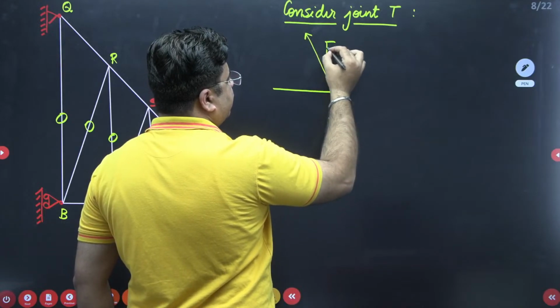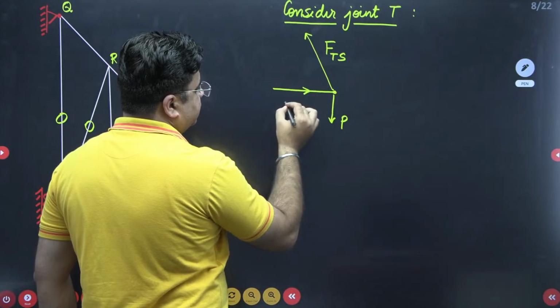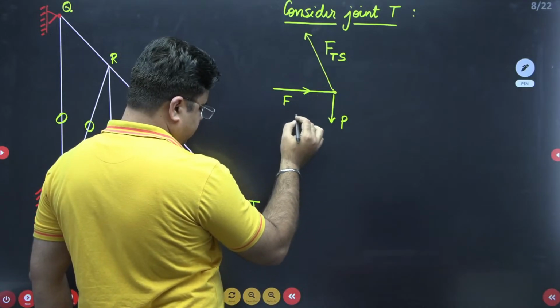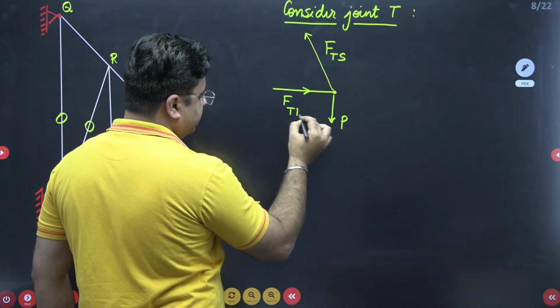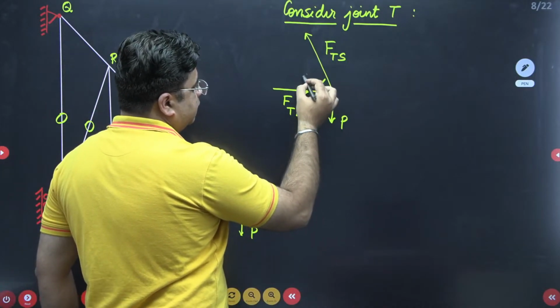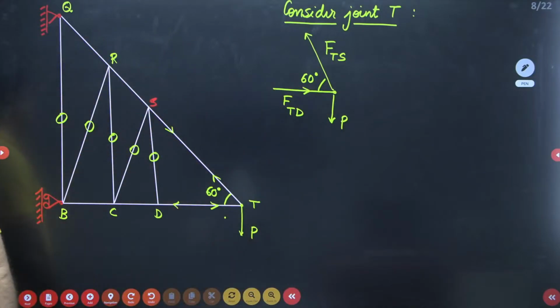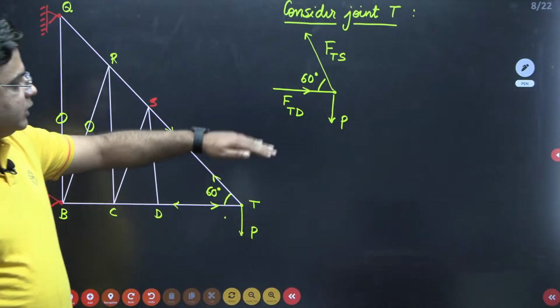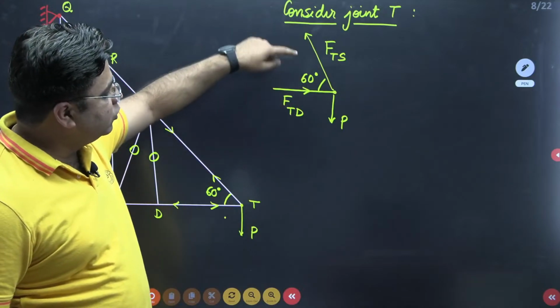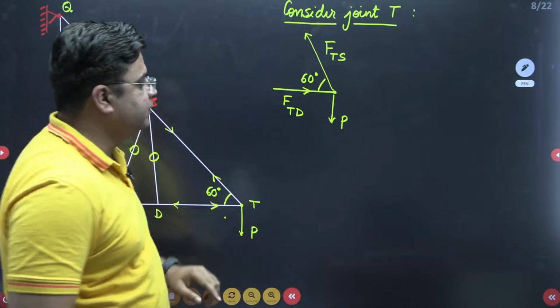This is F TS and this is F TD, right? And this angle is 60 degrees. Now just consider the equilibrium of this joint T. So take the summation of vertical forces equal to 0. From there you will get the force in the member TS.